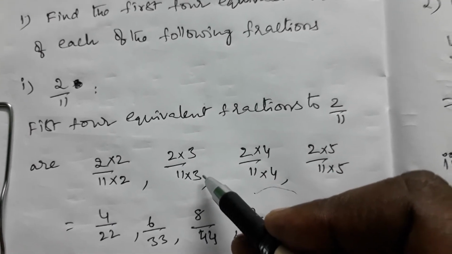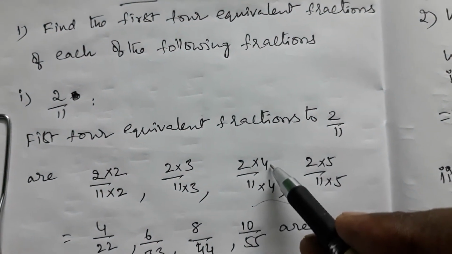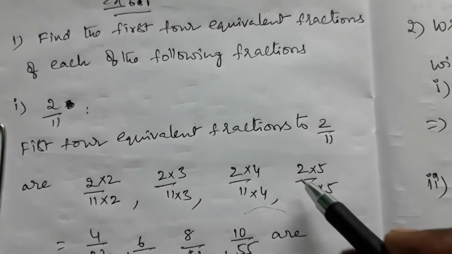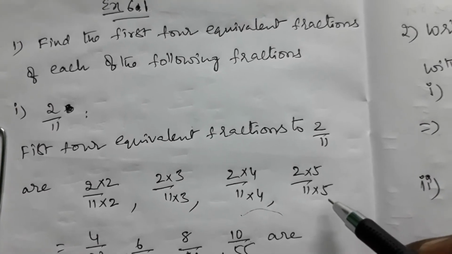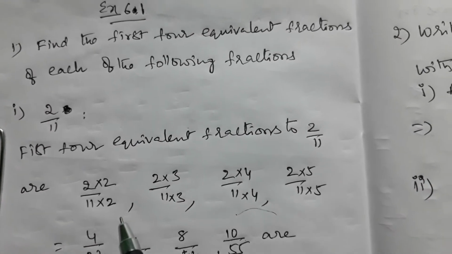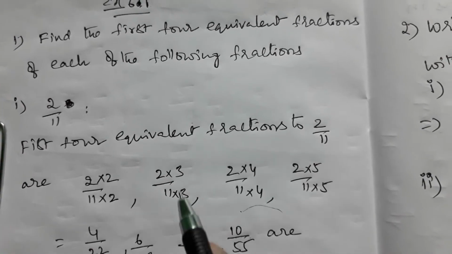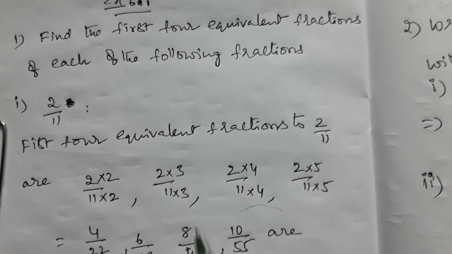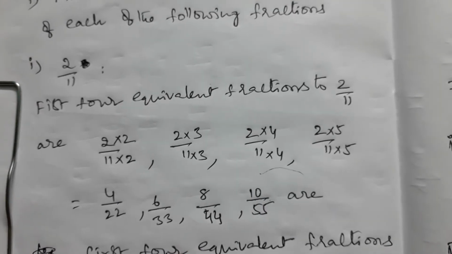Next equivalent fraction to 2 by 11 is multiply numerator and denominator with 4 table. Next equivalent fraction for 2 by 11 is multiply numerator and denominator with 5 table. Then these are the first 4. If you multiply 2 table, 3 table, 4 table and 5 table on both numerator and denominator, then you will get the first 4 equivalent fractions to 2 by 11.